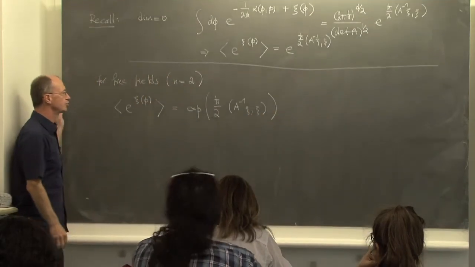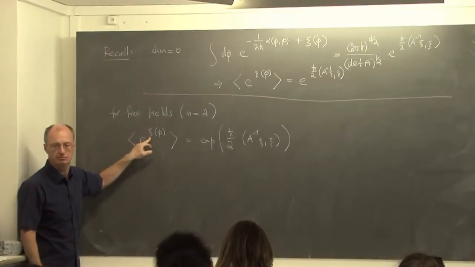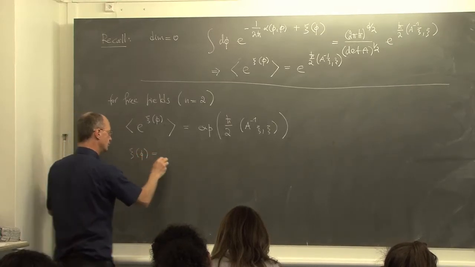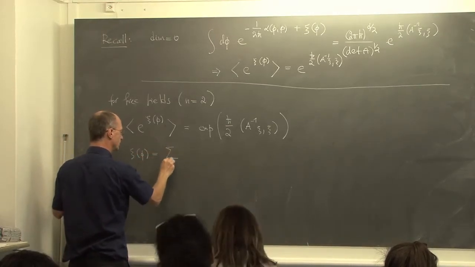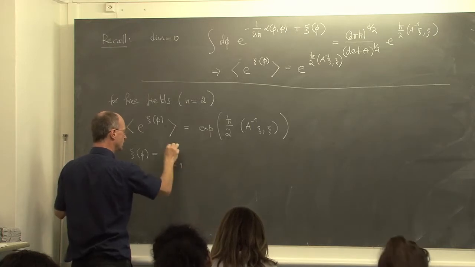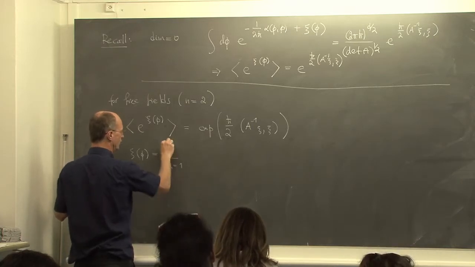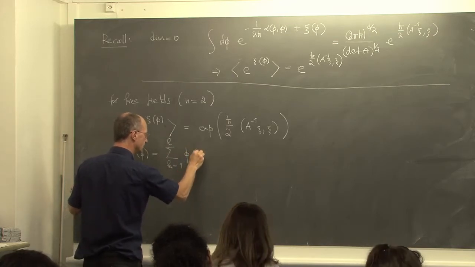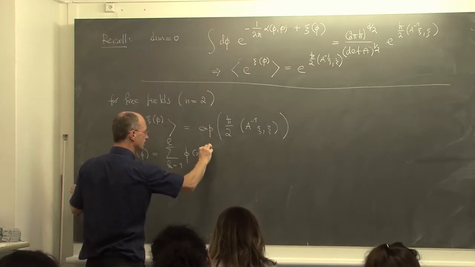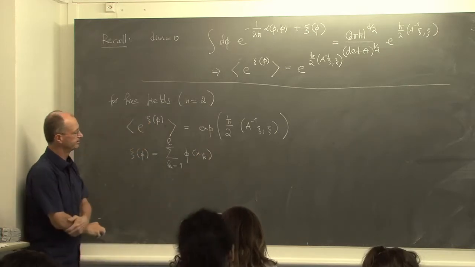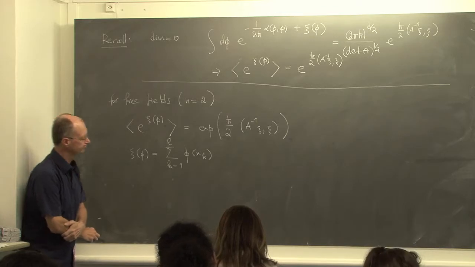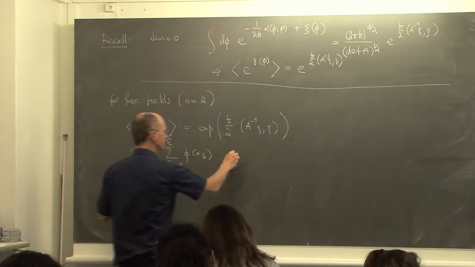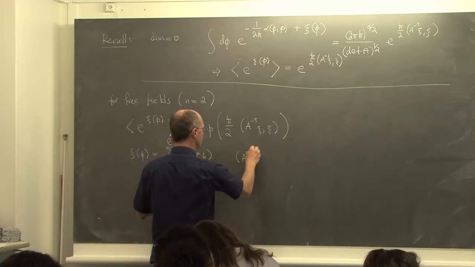Well, now let's choose some concrete psi. I would like psi of phi to be equal to the sum over k from 1 to L of phi of xk. Now I just need to evaluate this expression, a minus 1 psi.